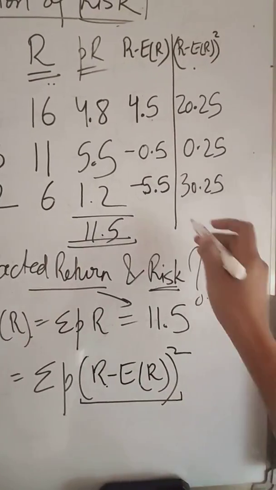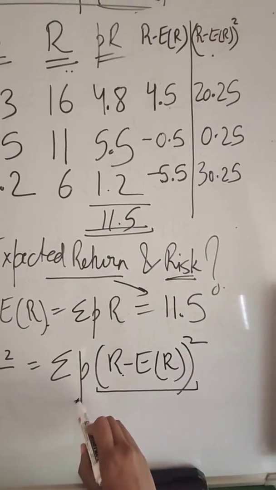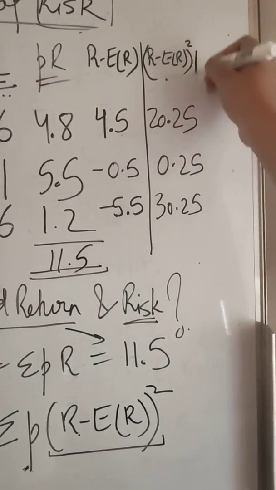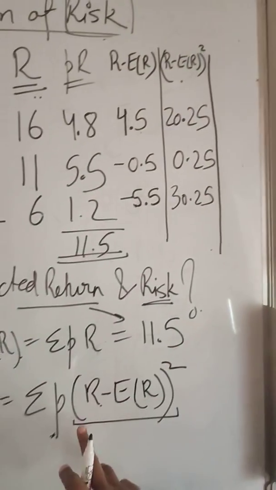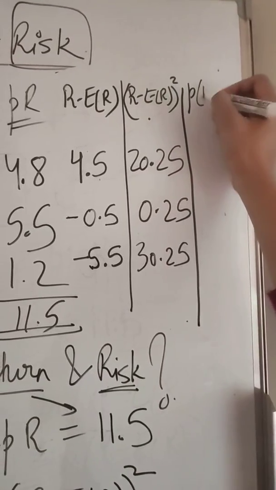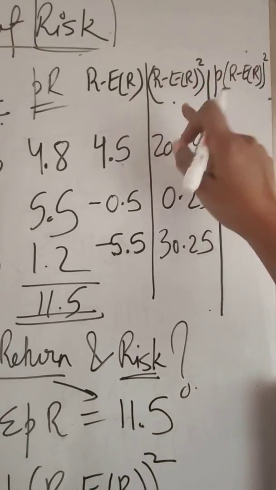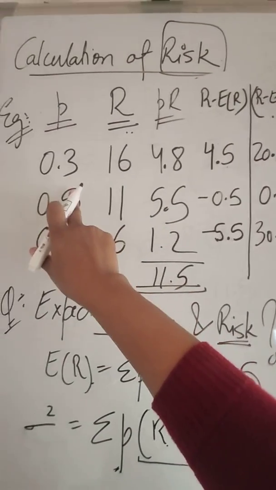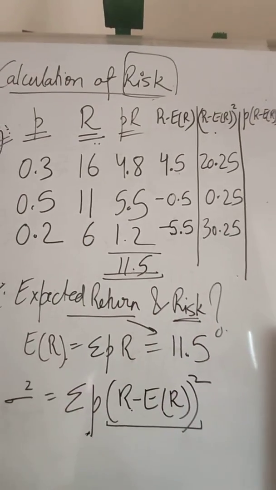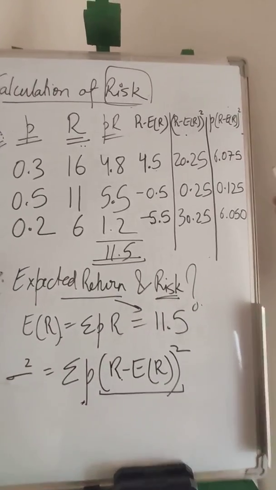Got this? You can again calculate the total, but again it is not required because you have to multiply by P. So the last column will be multiplication with P: P into R minus ER, square. This means this figure has to be multiplied with our probabilities.